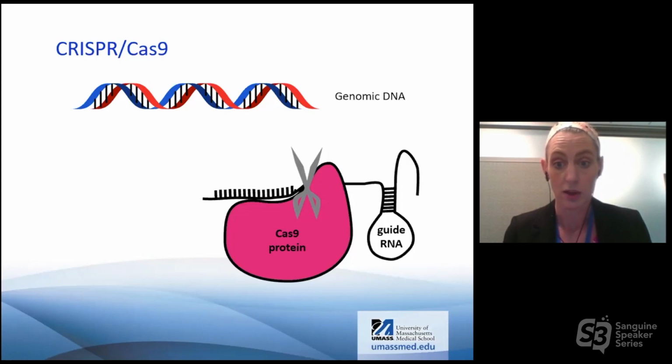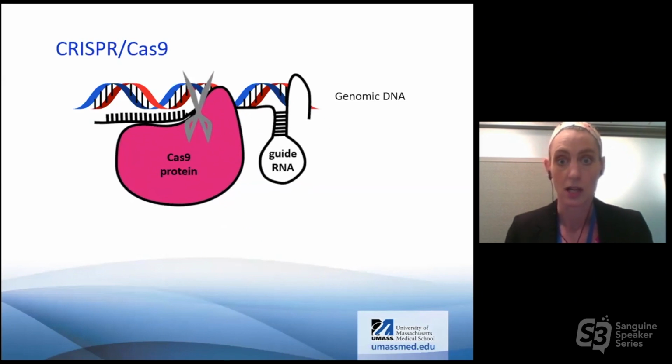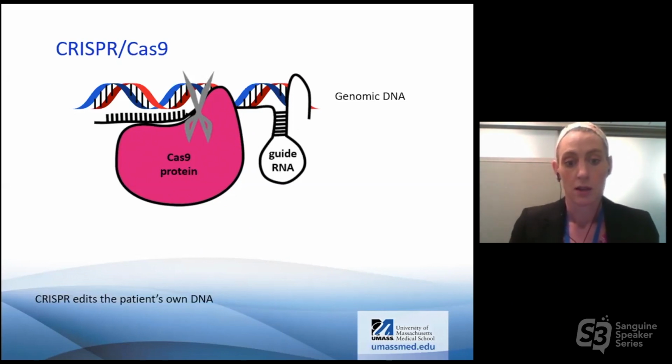You have a protein and you have a guide RNA, and they go in and they can then cut the genomic DNA. And then you get a change in the DNA. So this is as opposed to if you were introducing something new, like a new gene product or a microRNA, this actually edits the patient's own DNA.